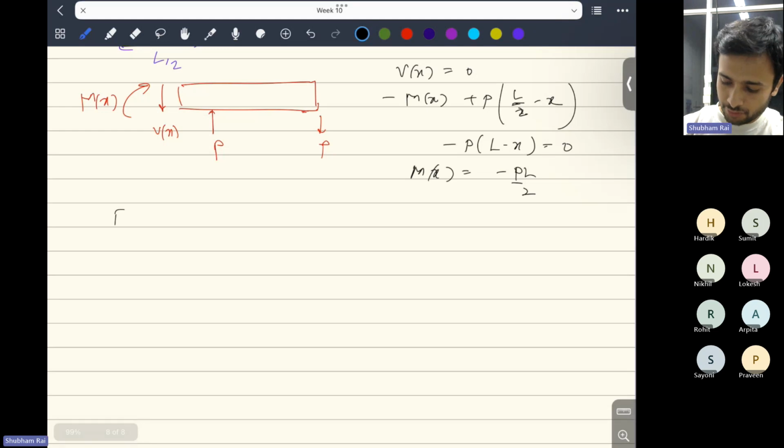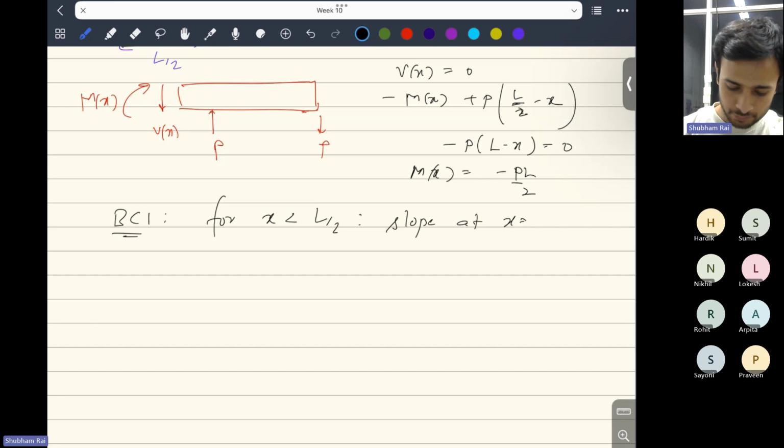And then we have boundary conditions. So boundary condition 1, which is valid for x less than L by 2: slope at x equal to 0 is 0. So this implies that dy by dx corresponding to x equal to 0 is 0.